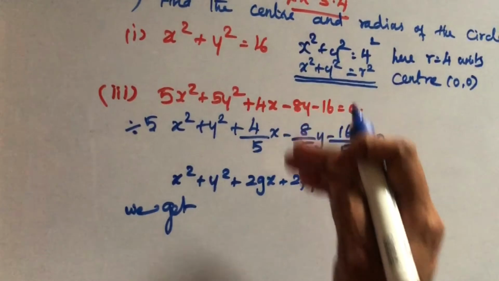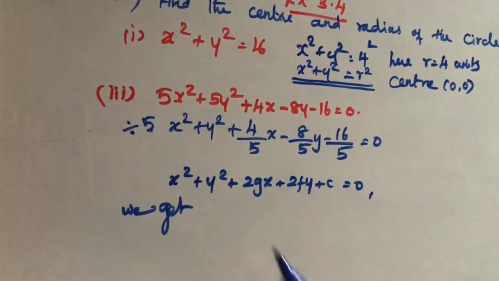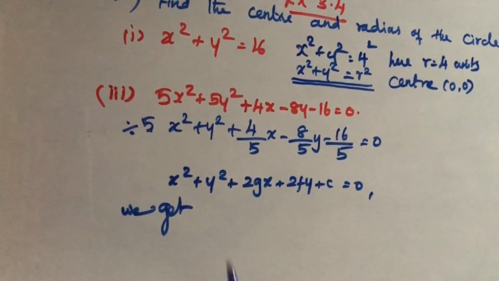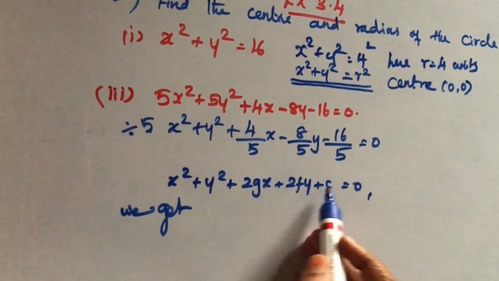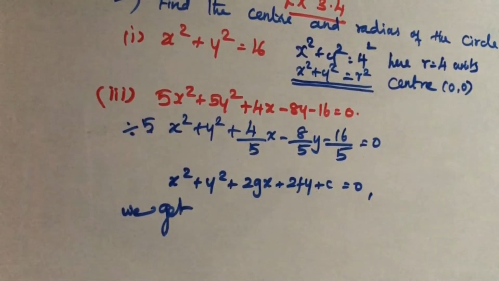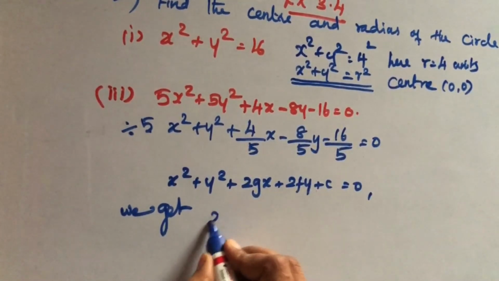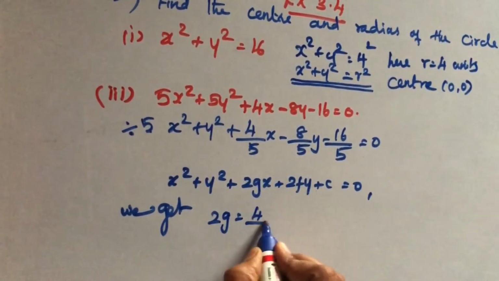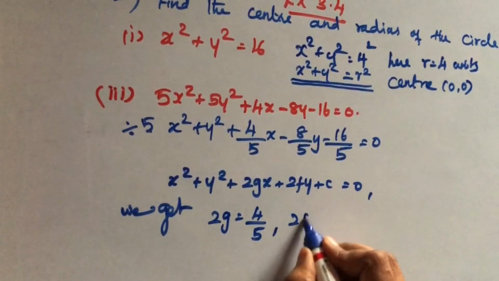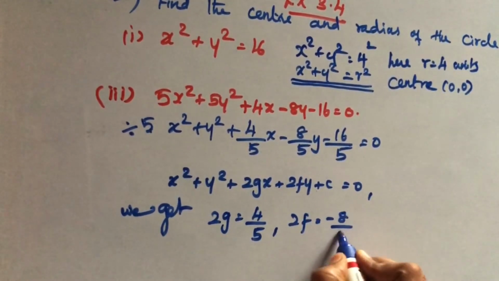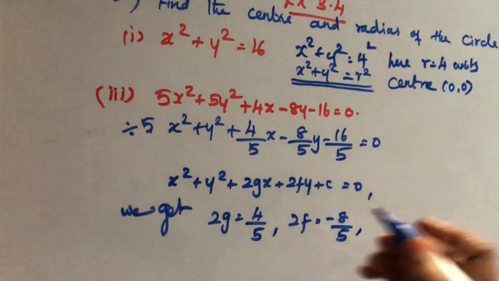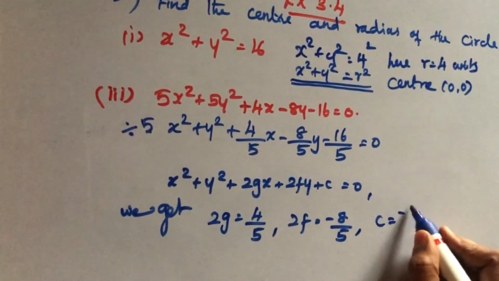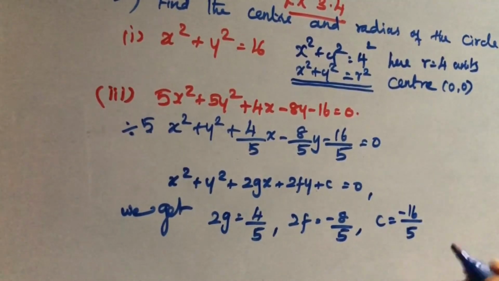Now we can compare this with the general form of the circle, x square plus y square plus 2gx plus 2fy plus c is equal to 0. While comparing, we get 2g is equal to 4 by 5, 2f is equal to minus 8 by 5, and c is equal to minus 16 divided by 5.